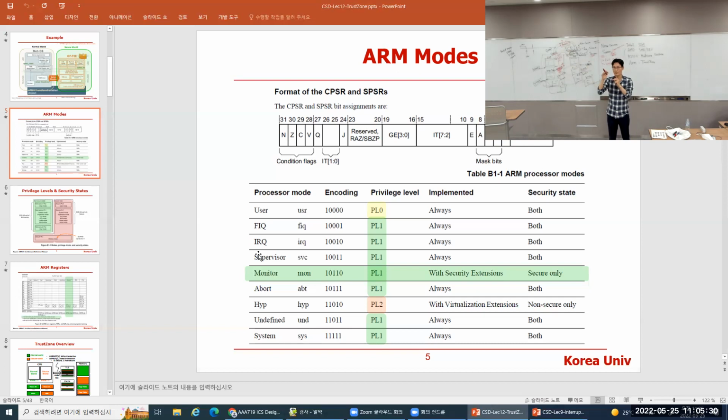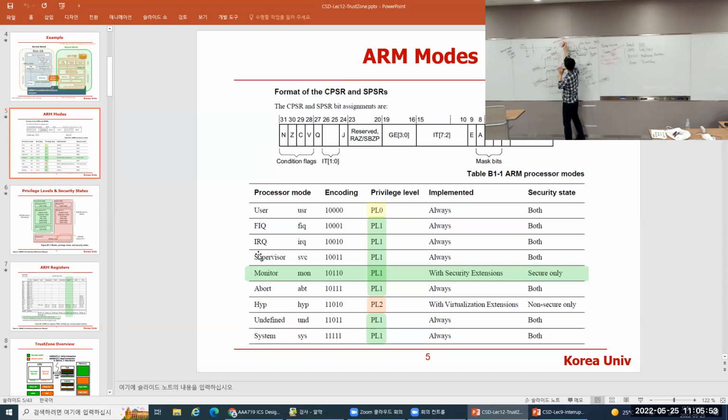You have to implement that software in monitor mode. Monitor mode needs to push to preserve the current state, push the context to the state.